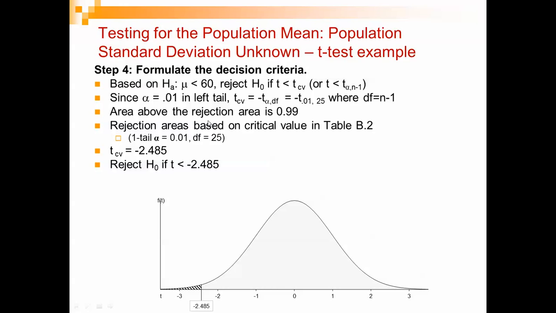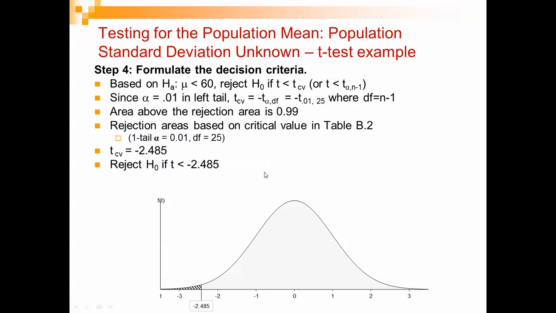Since alpha equals 0.01 in the left tail, the t critical value is a negative, and then we get the degrees of freedom, which is n minus 1, and the area above the rejection region is 0.99. So all of this here that's unshaded, let's say, is 0.99 or 99%.